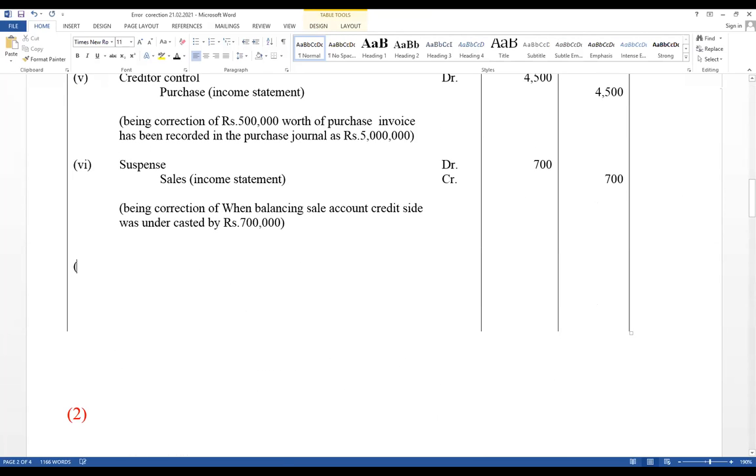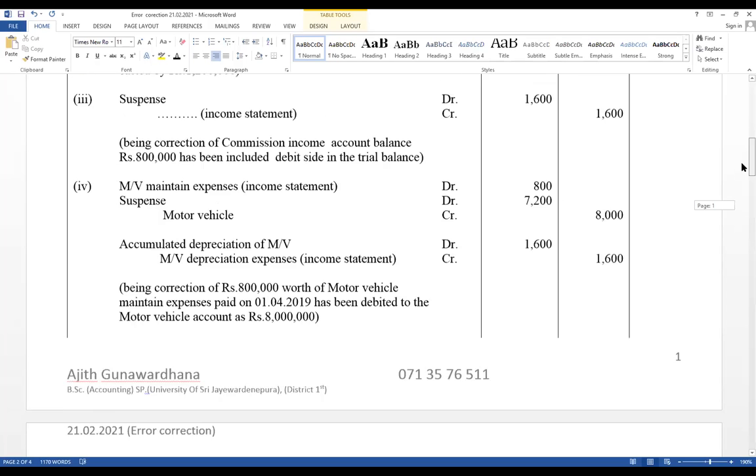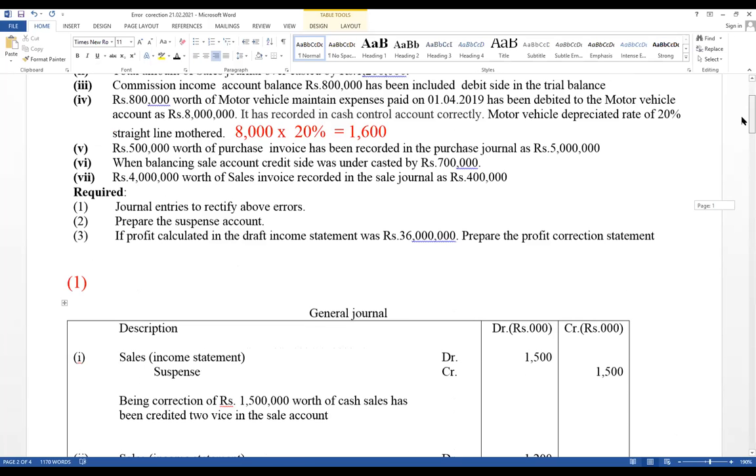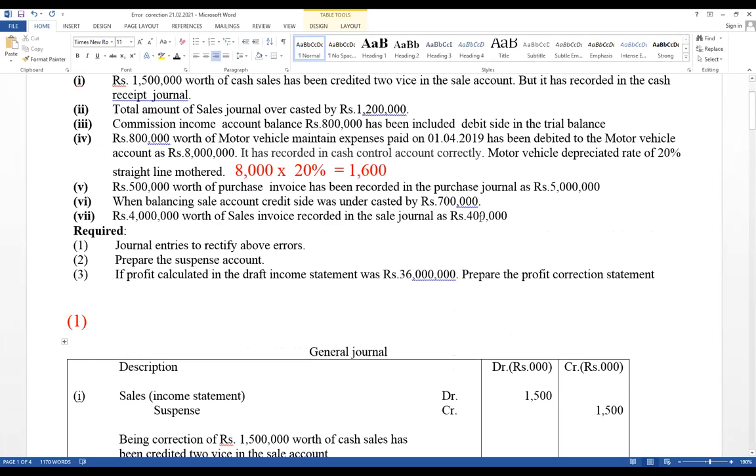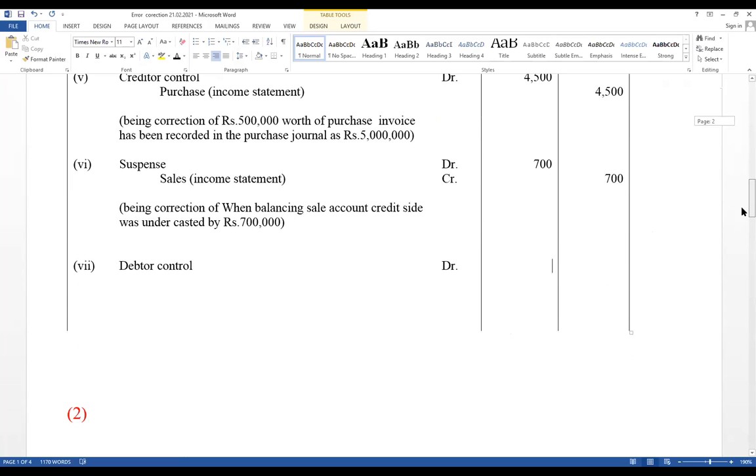Seventh one, debtor control account debit value equal debtor control account debit 3,600 and sales account credit 3,600.